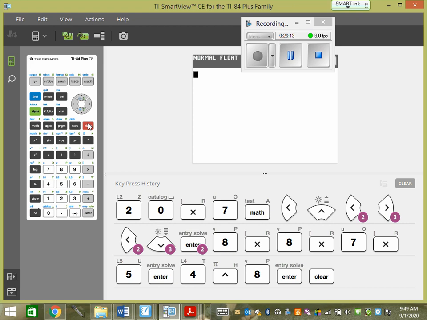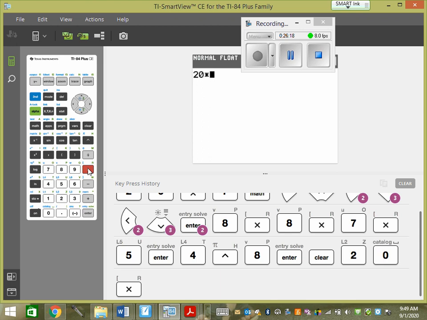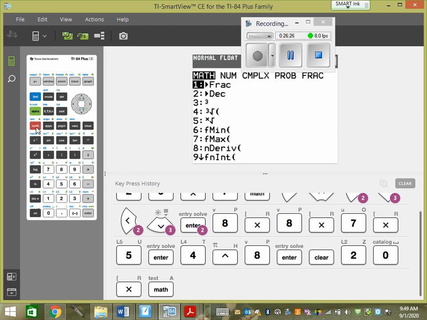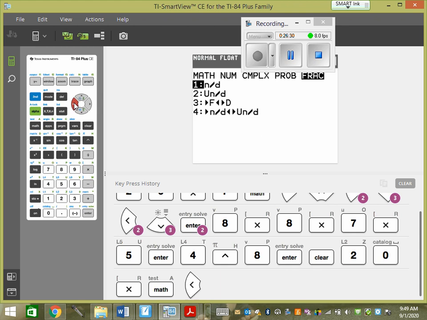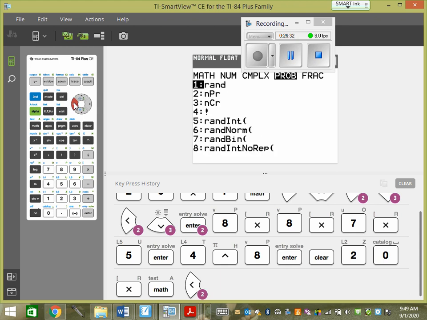So you're going to go 20 times. Now, everything we're going to use for this unit is found in the exact same spots. We're going to press math. Now, you could arrow over 4 to the right, or you could just press left, and it gets you there faster. And we're going to pick number 4. The only things we're using for this unit are number 2, 3, and 4.